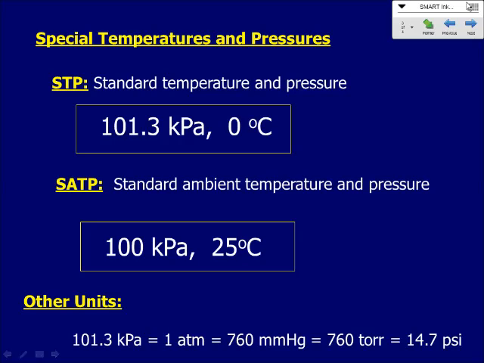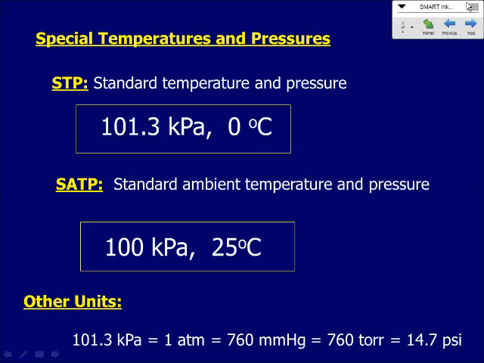Standard temperature and pressure, STP. STP has been defined as being two important values that kind of get their values in different ways. 0 degrees Celsius, that's a fairly obvious number and why it was chosen. Ice, water, transition, 0 degrees Celsius.